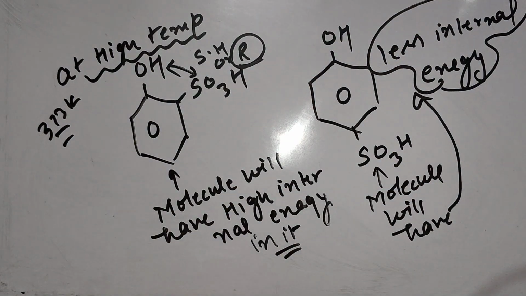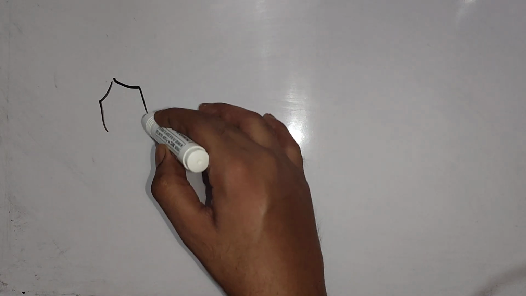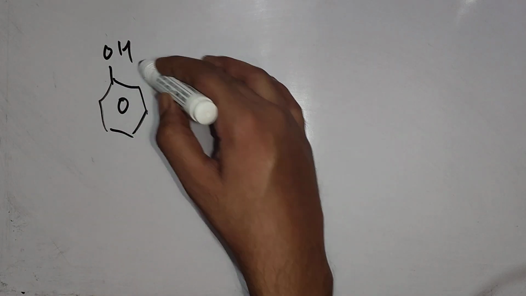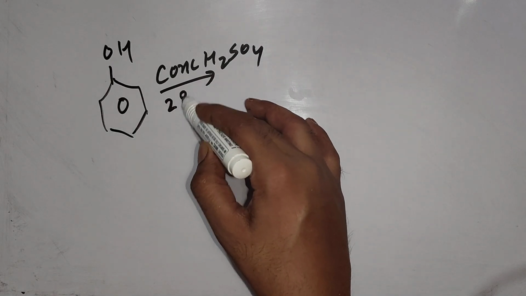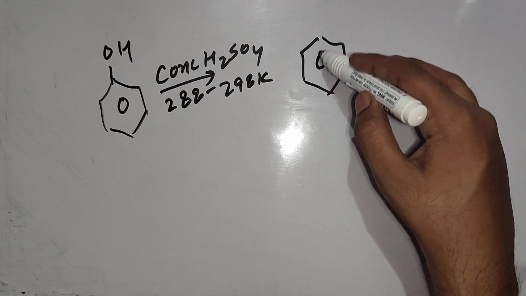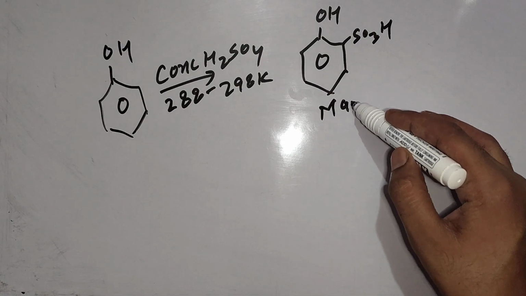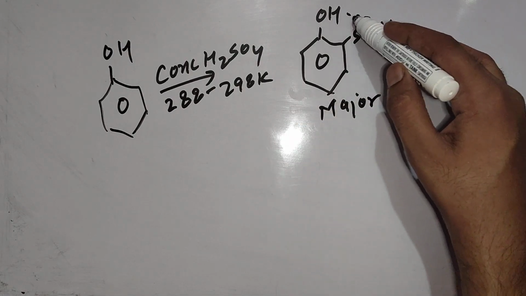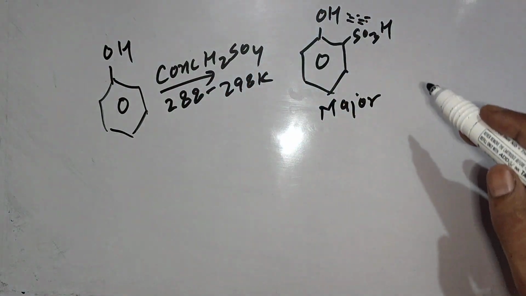That's it. Now if I conclude everything in the sulphonation of phenol, when treated with concentrated sulfuric acid at 288 to 298 Kelvin, ortho substituted product will be the major product. Reason we know, because intramolecular hydrogen bonding will dominate, which will always bring these molecules close.